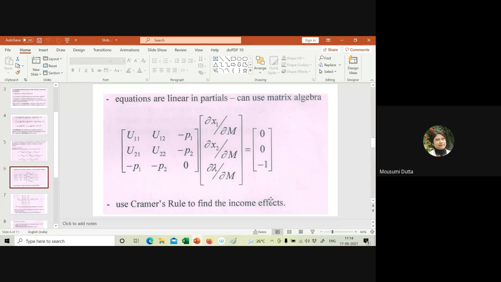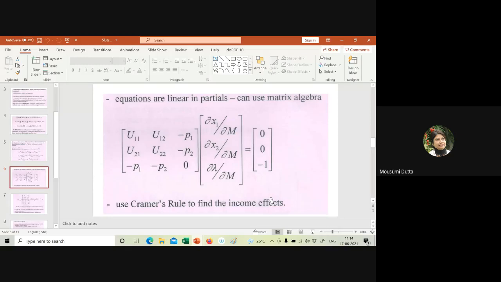Our equations are linear in the partial derivatives, and in terms of matrix algebra, we can present them in this format. So please write down the equations in this format, using matrix algebra.